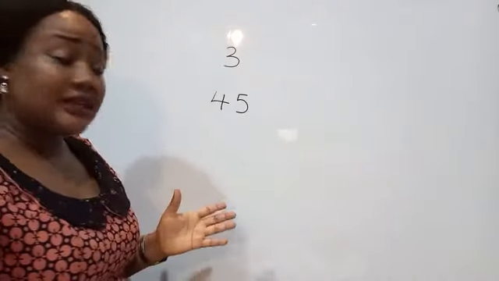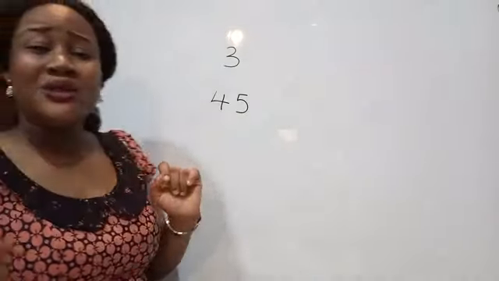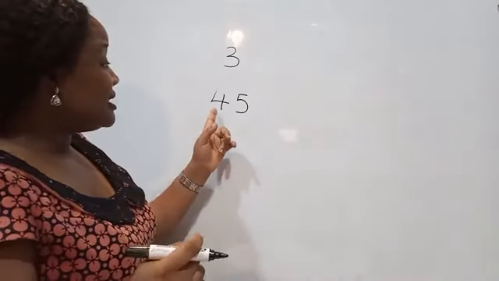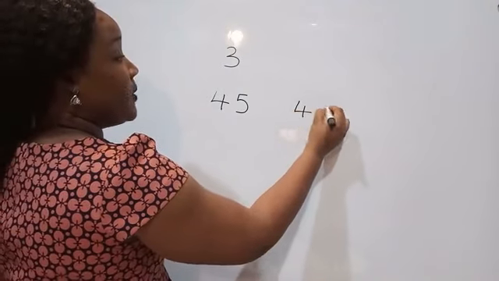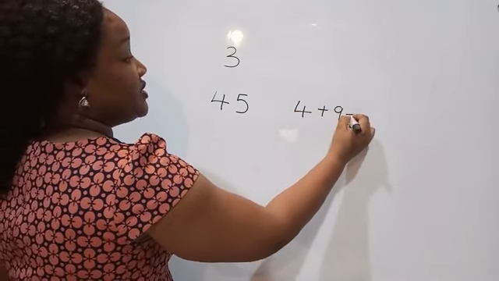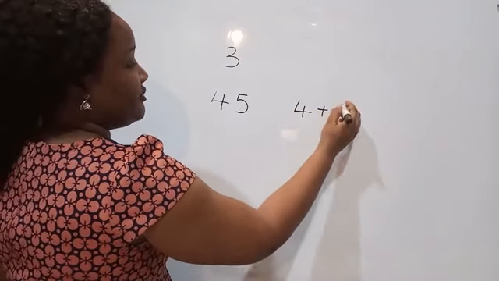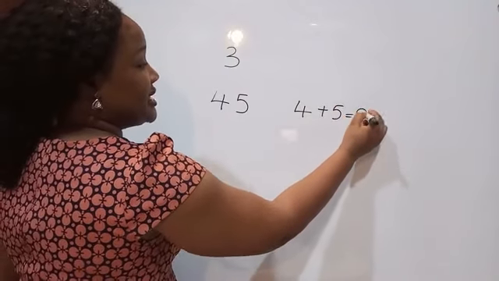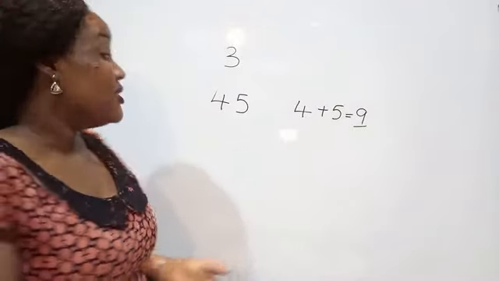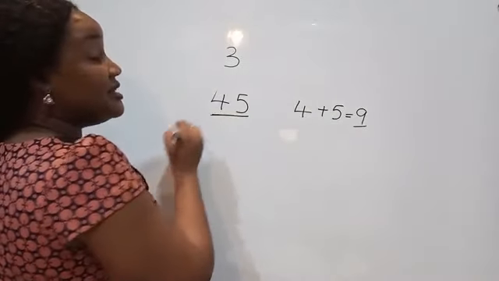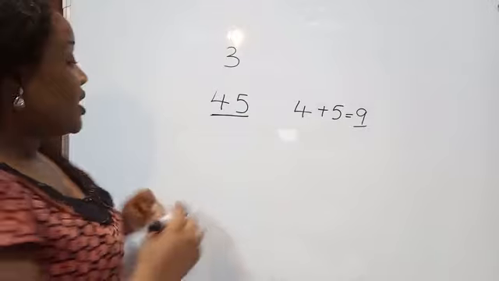I want to find out if 45 is divisible by 3. All you have to do is sum these digits. 4 plus 5 gives us 9, and 9 is a multiple of 3. So definitely 45 is a multiple of 3.